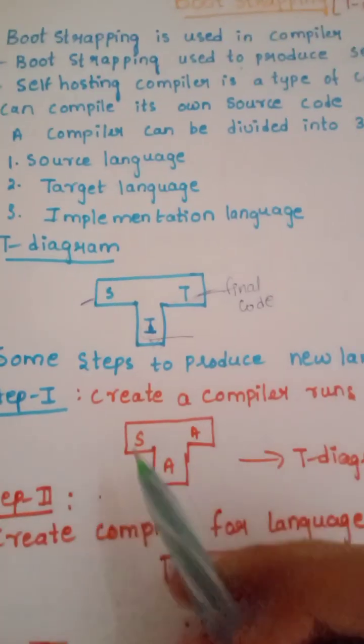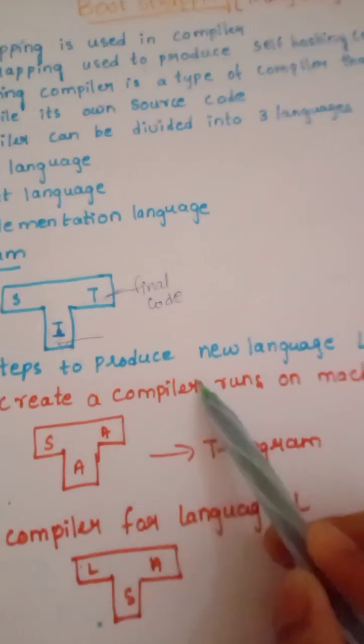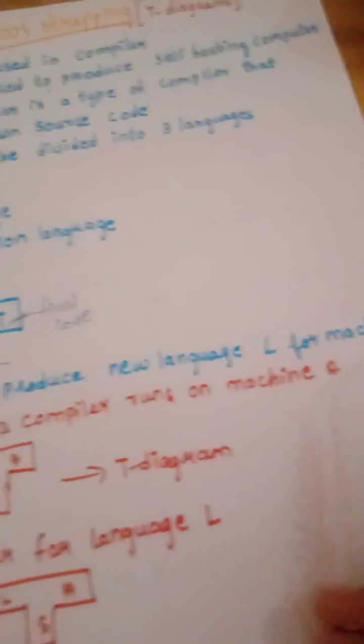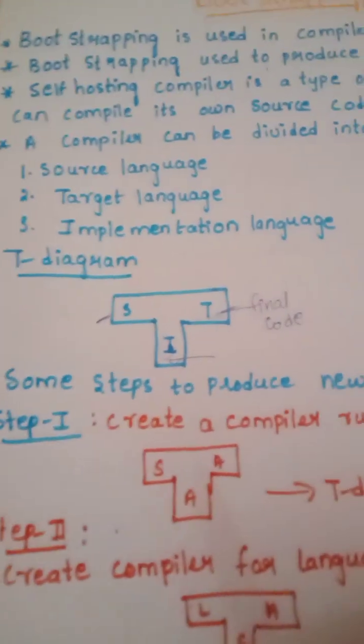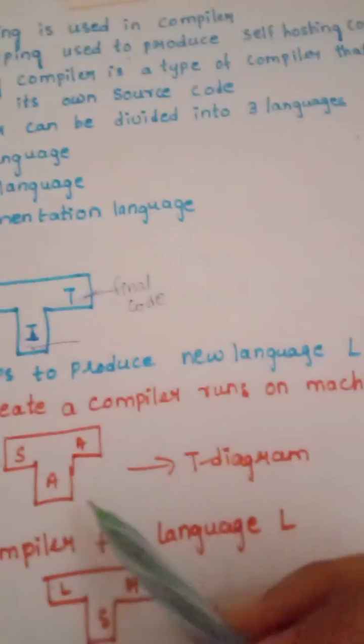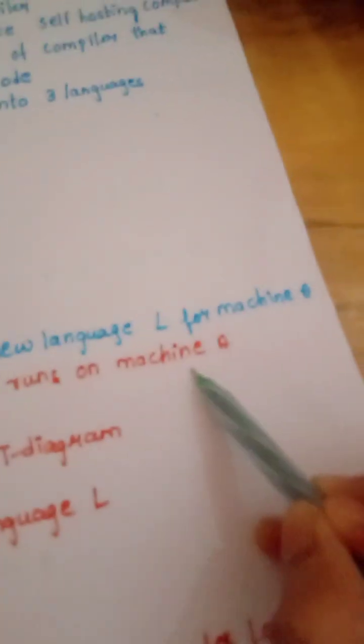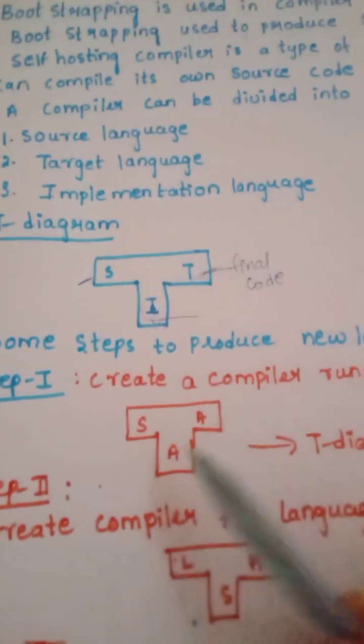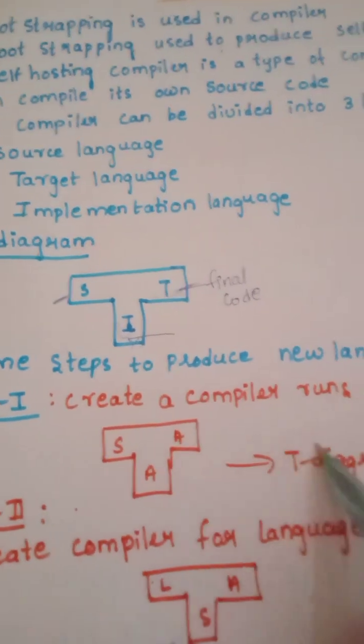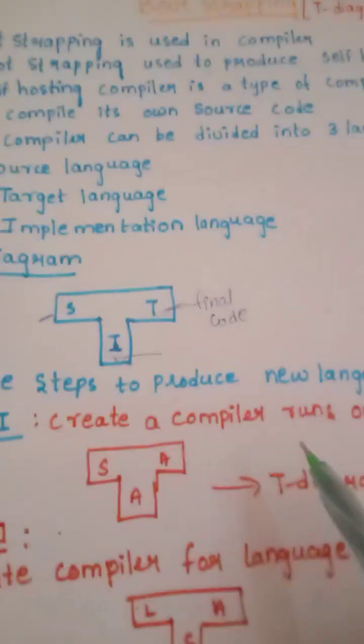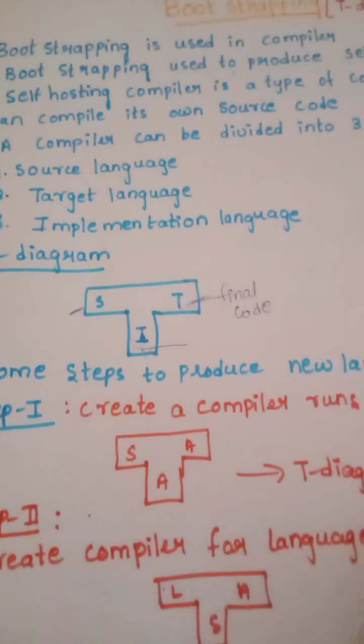So we have some steps to produce a new language L for a machine. Firstly, you have to create a compiler which runs on machine A. What does it mean? You have to draw one T diagram.